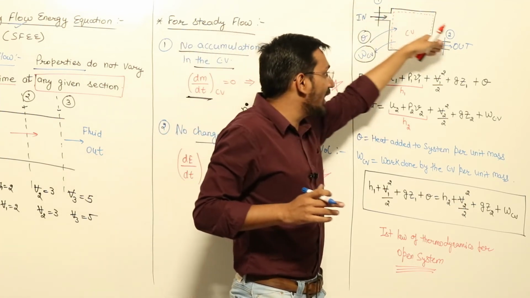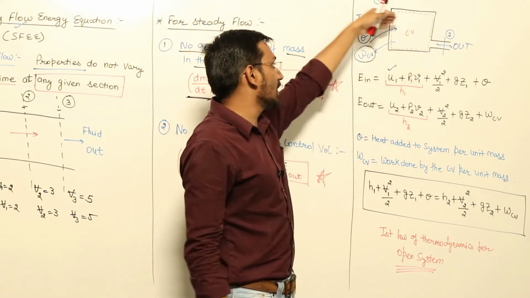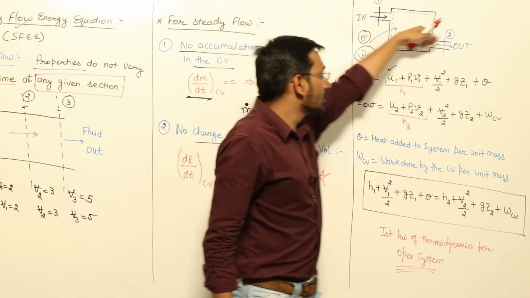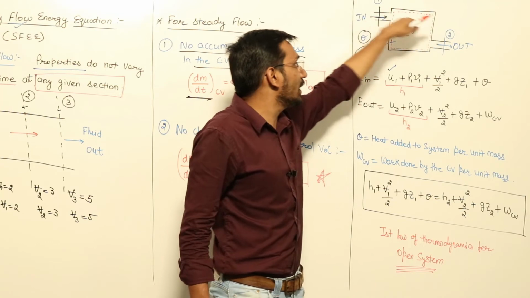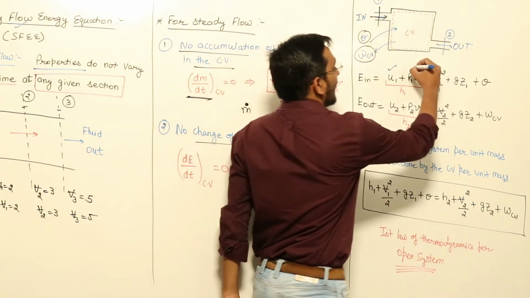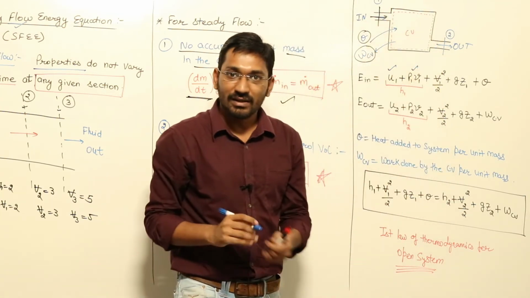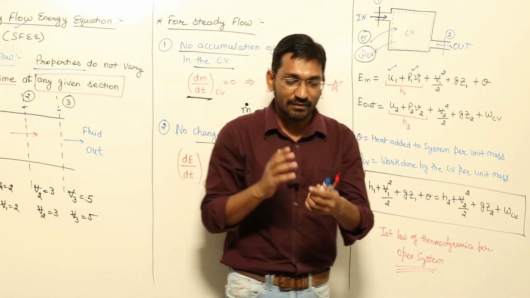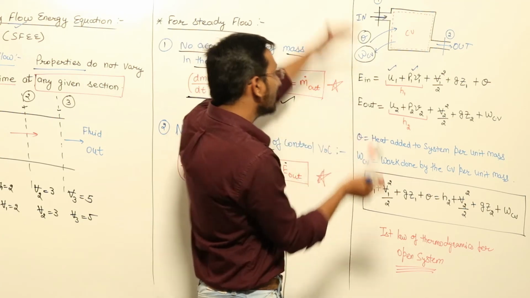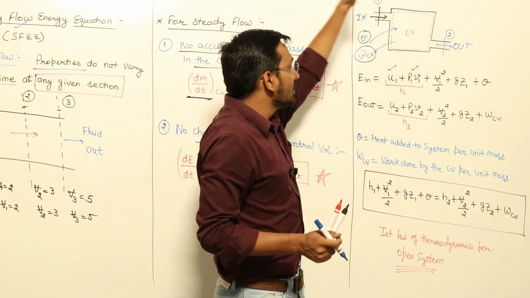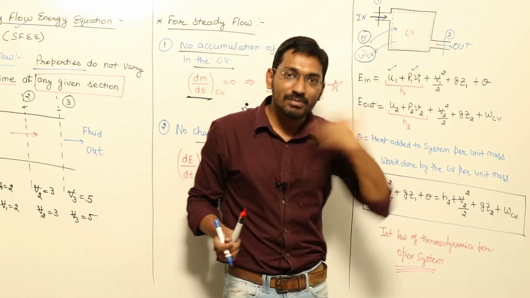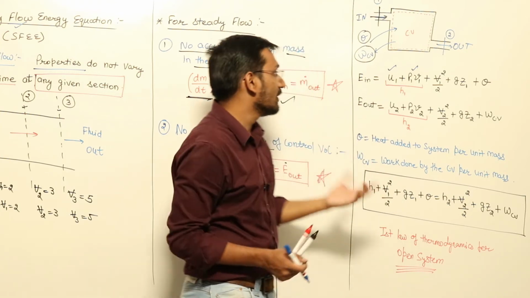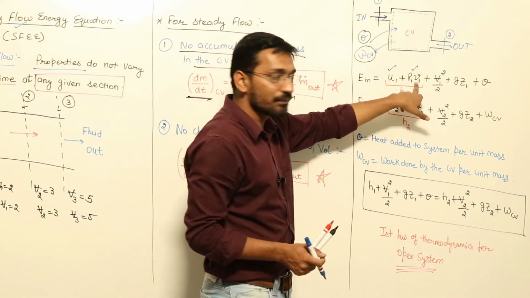Flow work is also required, because of the pressure or the flow, to enter into the system. This flow work will come from the fluid itself; we are not doing anything to make it flow. So it must have this flow work.